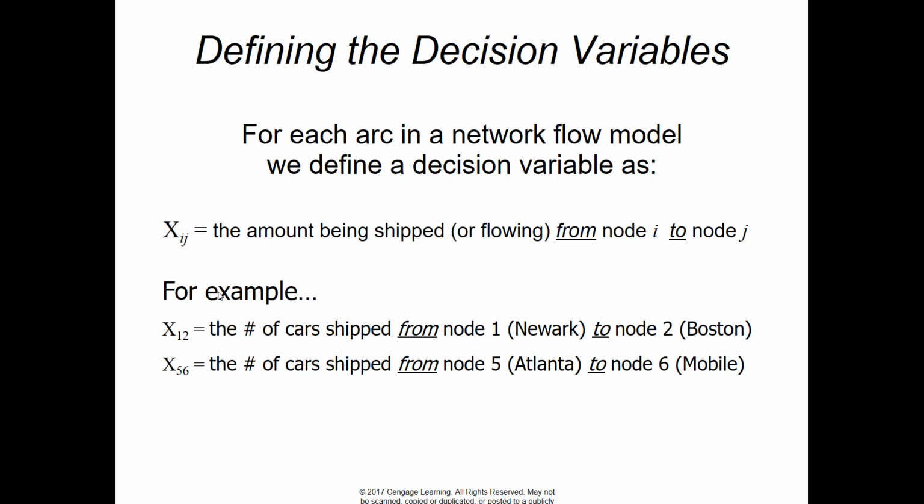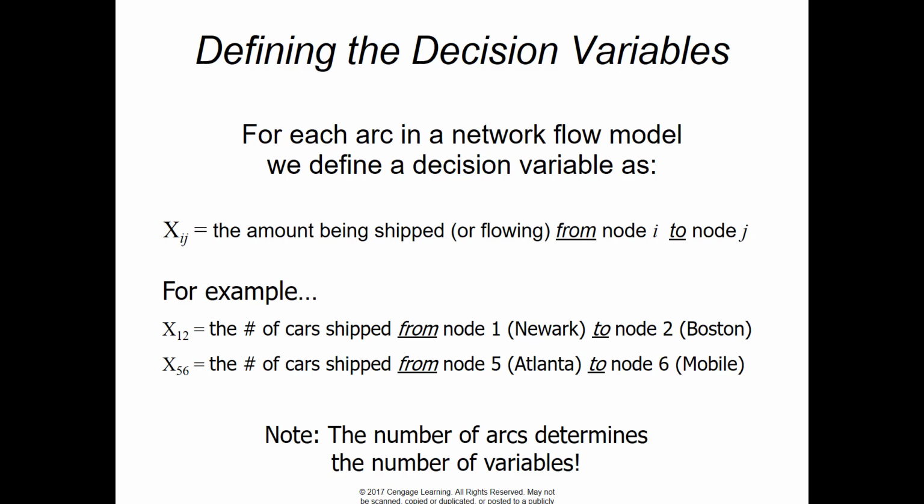For example, x12 is the number of units shipped from node 1 to node 2, and then from node 2 to node 3, and so on. So this is the decision variables that we have.